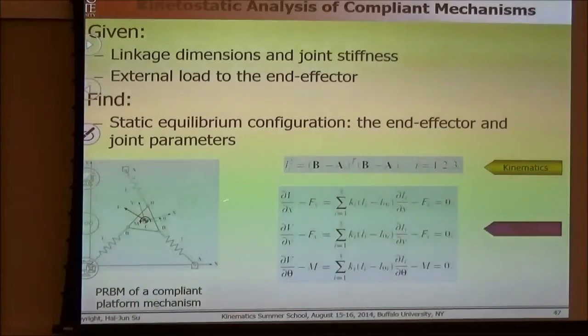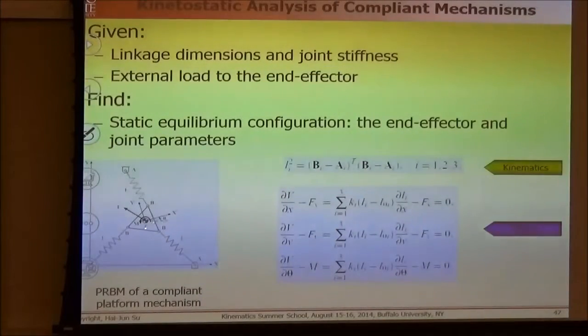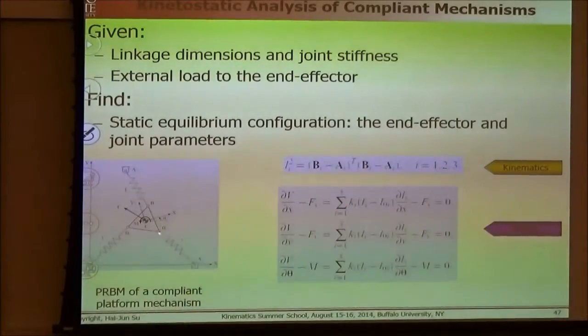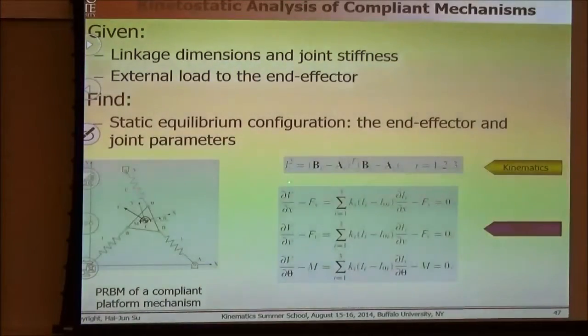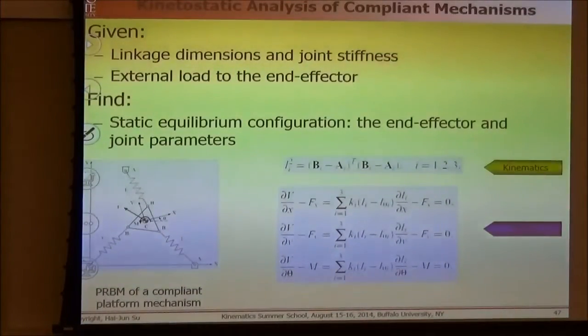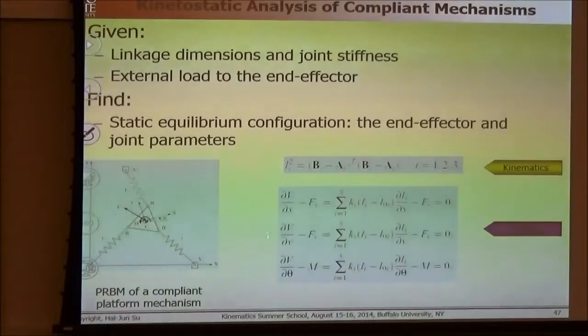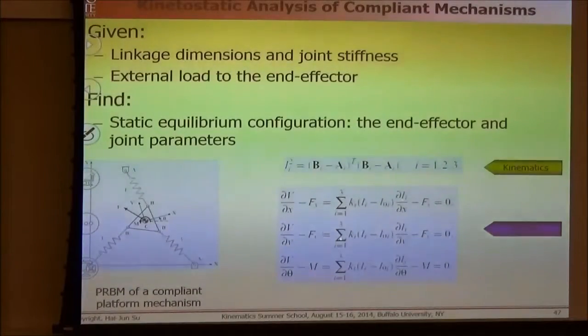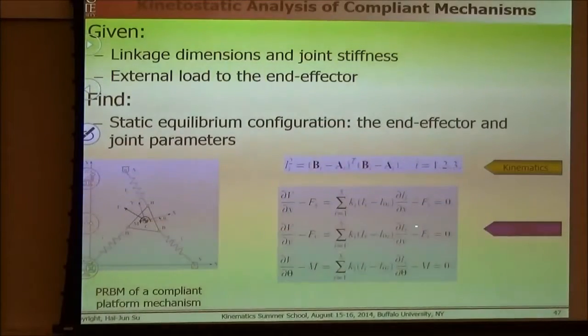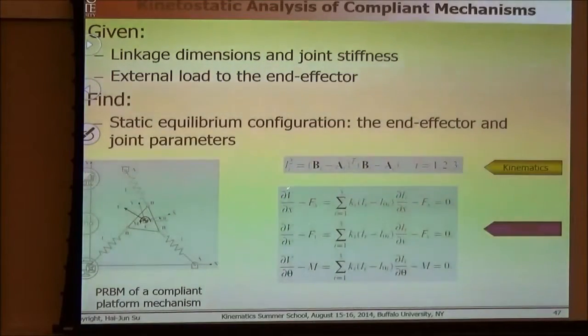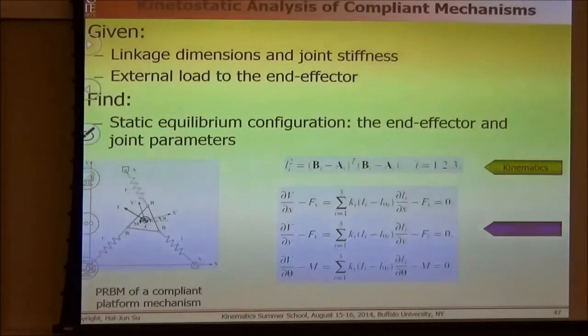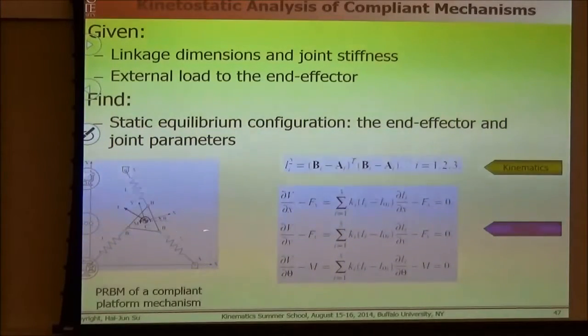Now, the way to set up the equations is this: the distance constraint will be that the distance from A to B is equal to L_i, so that gives you three kinematic equations. Then you add in the static equilibrium equations, for which you can use different approaches.